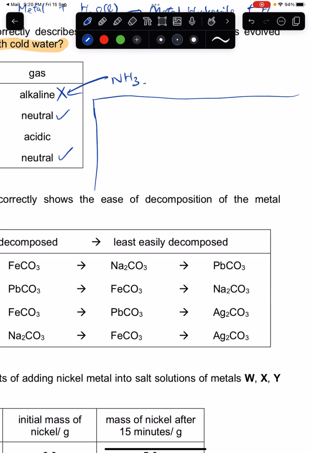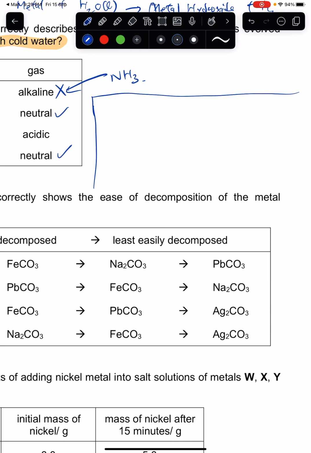Alright, so let's go through some content. This is the reaction: metal carbonate. You heat it, you will get metal oxide plus CO2. We call this thermal decomposition.